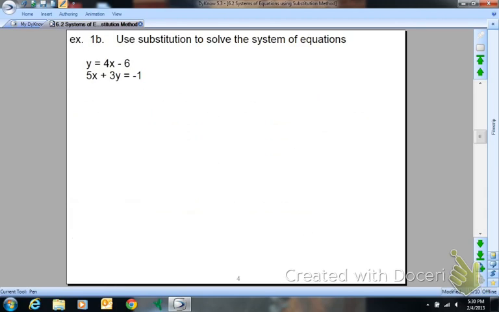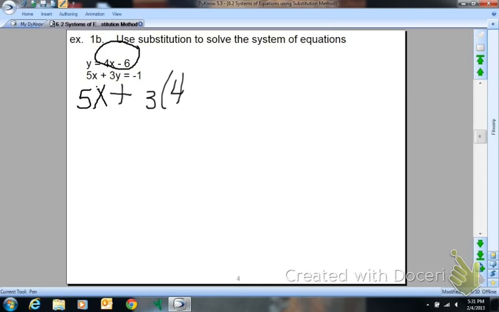Okay, example 1b, the first equation is already solved for y, so we're just going to plug this in right here in the second equation. So that's 5x plus 3 parentheses.